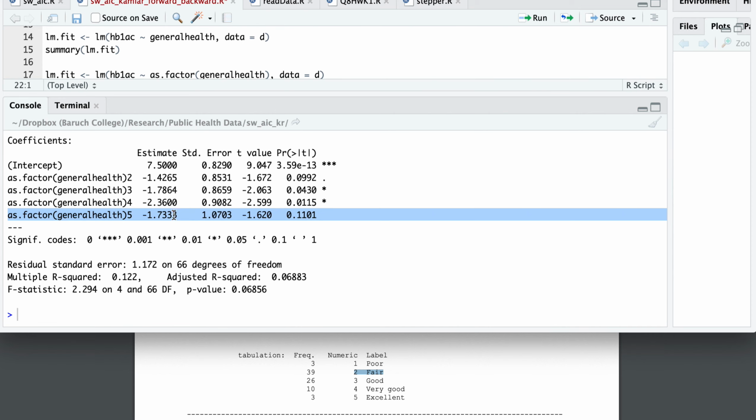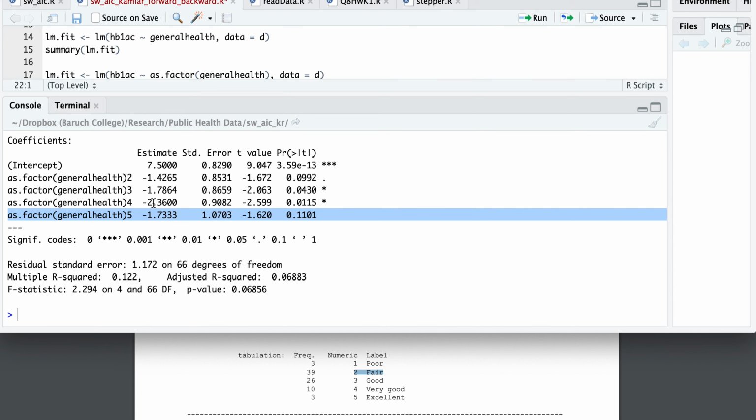Now somebody might ask, what's the difference on average between somebody who is excellent and very good? Well, you have to subtract these two numbers.